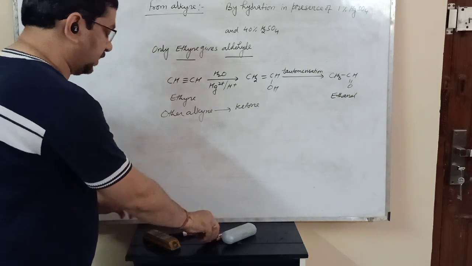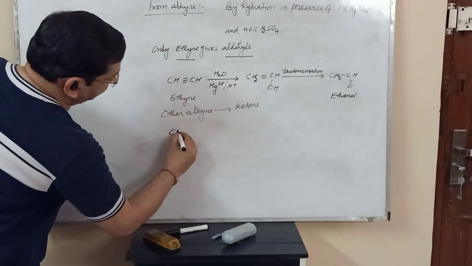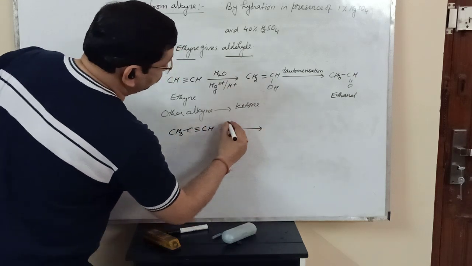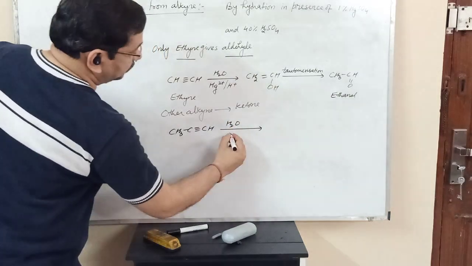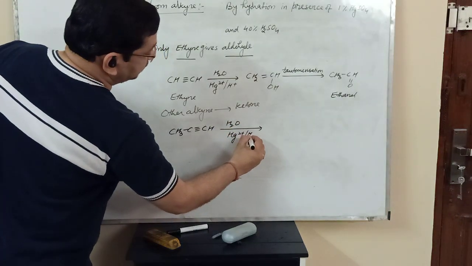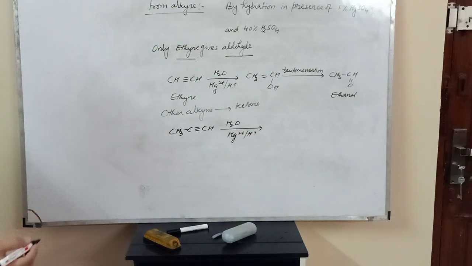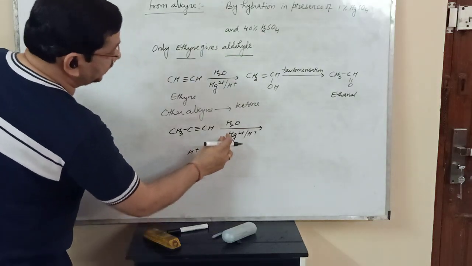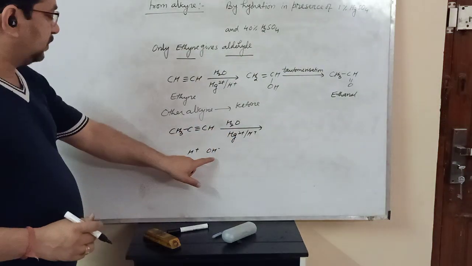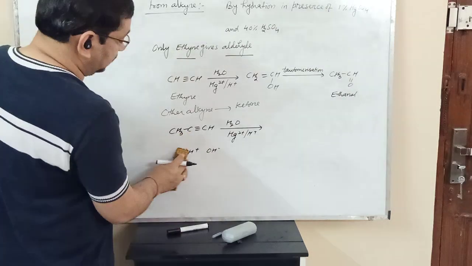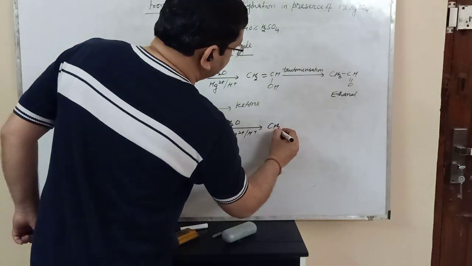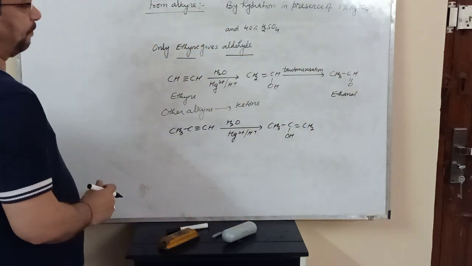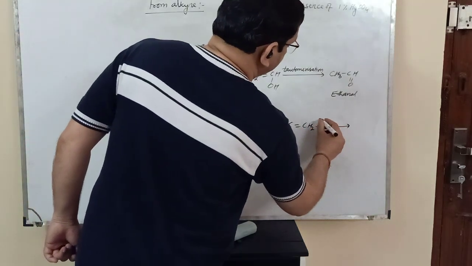So why is it so? If we take propyne, when this propyne undergoes addition reaction of water molecule under the same conditions, HgSO4 and H2SO4, the addition occurs according to Markovnikov rule. H plus and OH minus are from water, so OH will go on the carbon having less number of hydrogens, and here we obtain CH3COH double bond CH2. And this undergoes tautomerization.